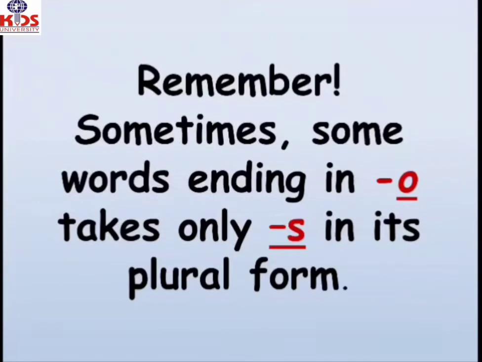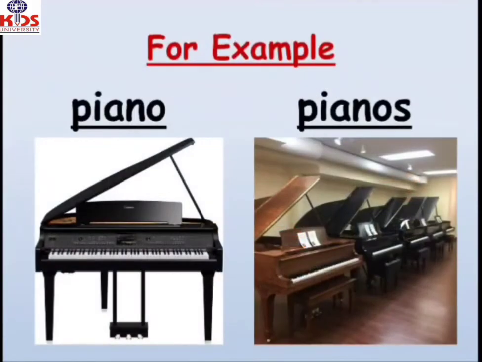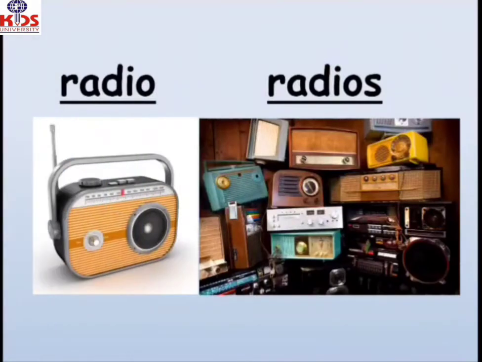Sometimes some words ending in o takes only s in its plural form. For example, we say piano in singular form and its plural form is pianos. In the same way, plural form of radio is radios.